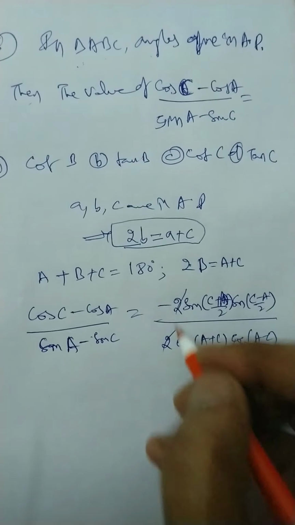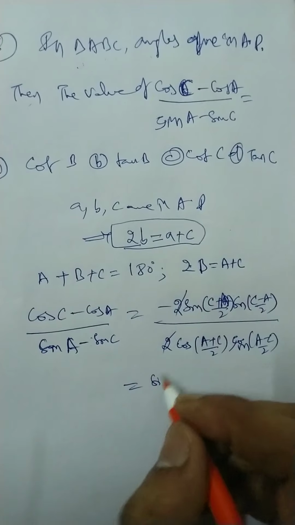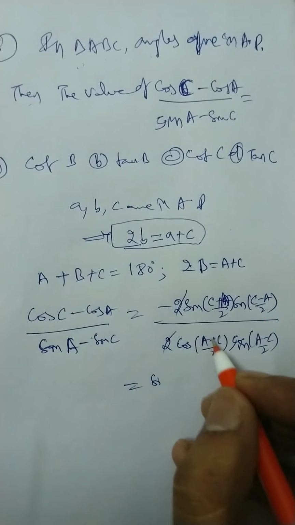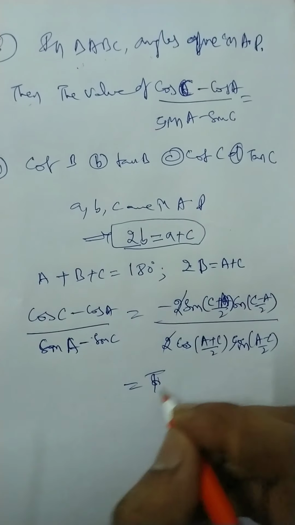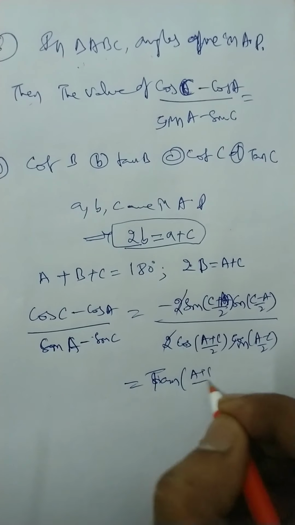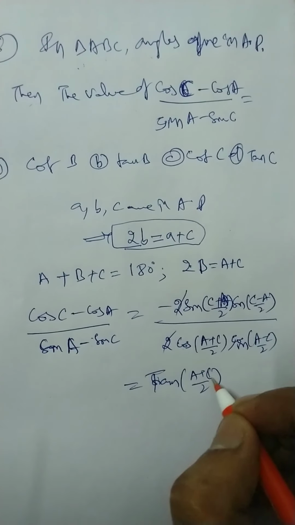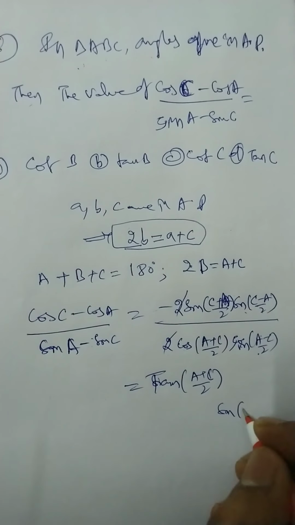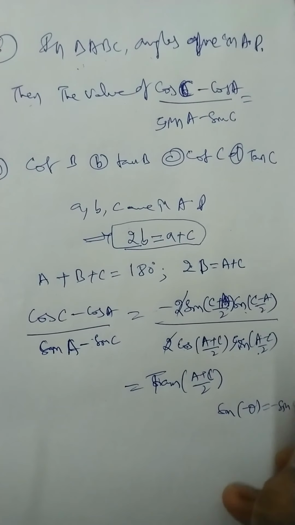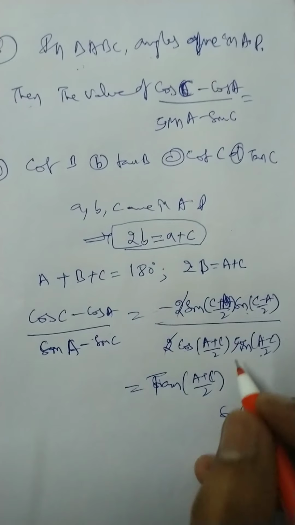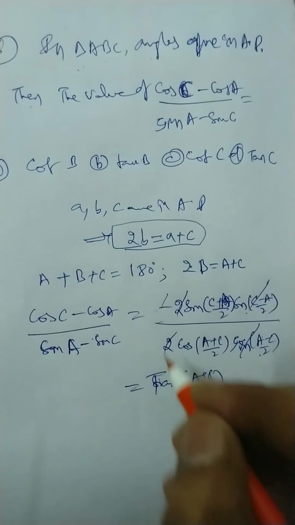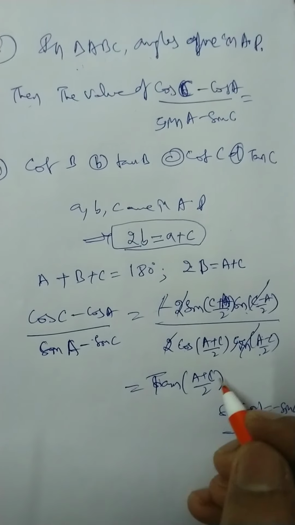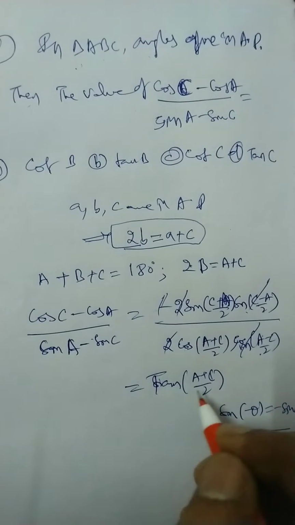So 2 can cancel. Sine of (C plus A) by 2 and cos of (A plus C) by 2 give tan of (A plus C) by 2. Here, sine of (C minus A) by 2 and sine of (A minus C) by 2: if you take the minus sign inside the sine, because sine of minus theta is equal to minus sine theta, this will get cancelled without any negativity in the numerator. So the value is only tan of (A plus C) by 2.